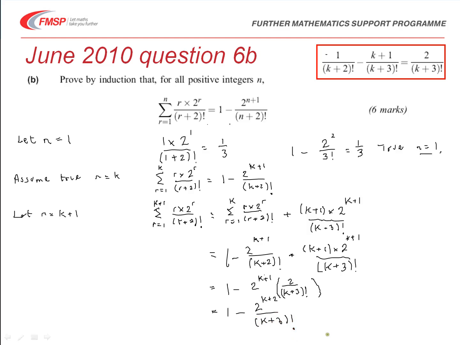In other words, it's true for n equals k plus 1. Only thing is, just check carefully that this is in the right form when you compare it back with what you were trying to prove. If you put k plus 1 in for n, we get 2 to the k plus 1 plus 1, which is the 2 to the k plus 2, and we get k plus 1 plus 2 factorial, which gives us the k plus 3 factorial.